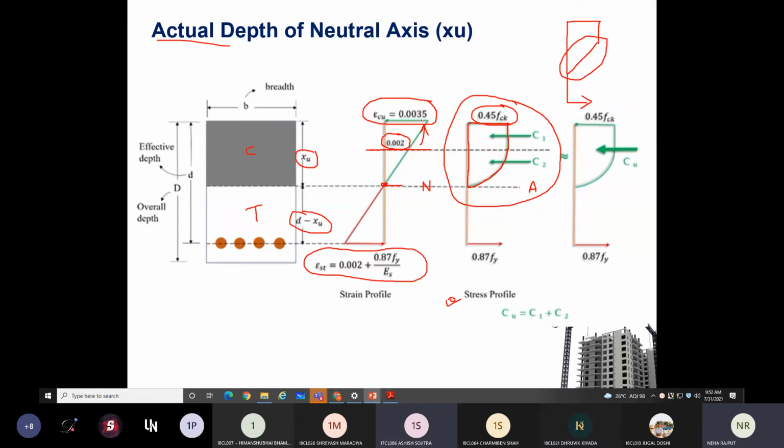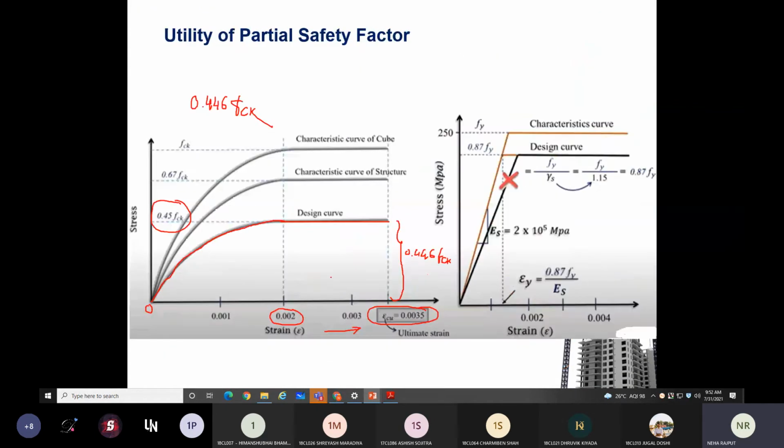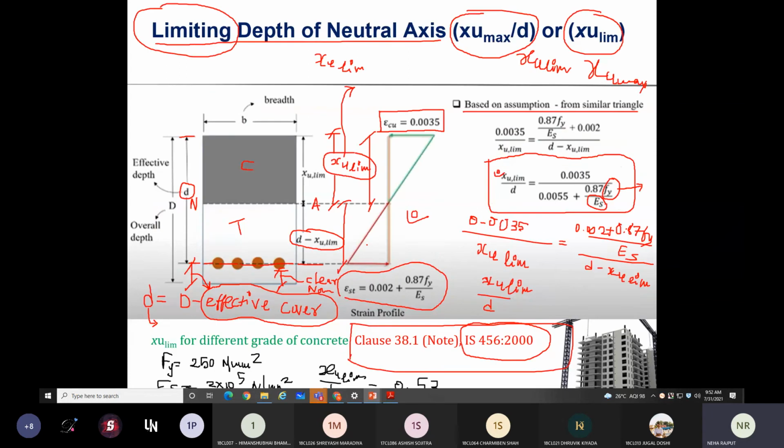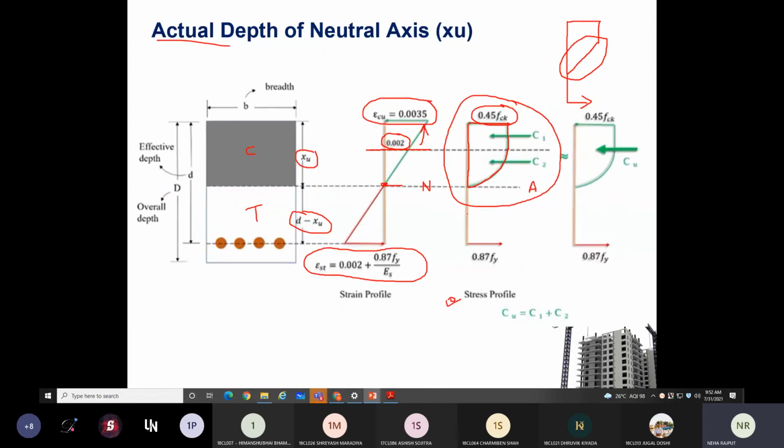Yes. Right, so this one is my stress profile. This way you need to draw. This is a mirror effect of your stress strain curve, right? And below the neutral axis is the tension zone.